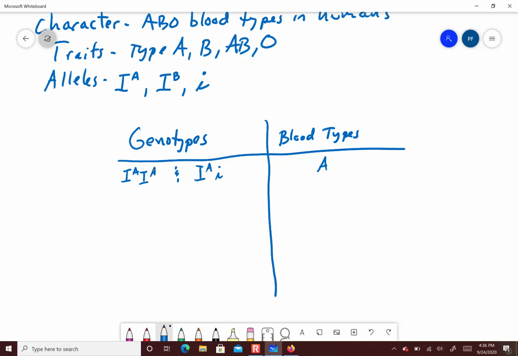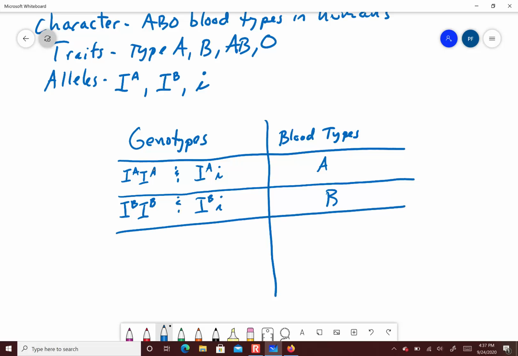There's a dominant allele and a recessive allele. How do we know? One's uppercase, one's lowercase. So either of those genotypes would give us type A blood. And then we can see the same thing but with B. IB, IB, and IB with a little i. Either of those gives you type B blood.